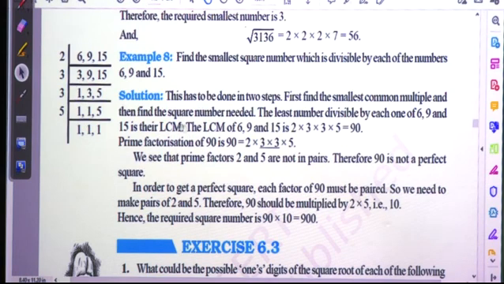We have to find out the LCM of 6, 9 and 15. Here you can see the LCM of 6, 9 and 15. 2 3s are 6, 9 we cannot divide by 2 and 15 we cannot. Further, 3 1s are 3, 3 3s are 9, 3 5s are 15.